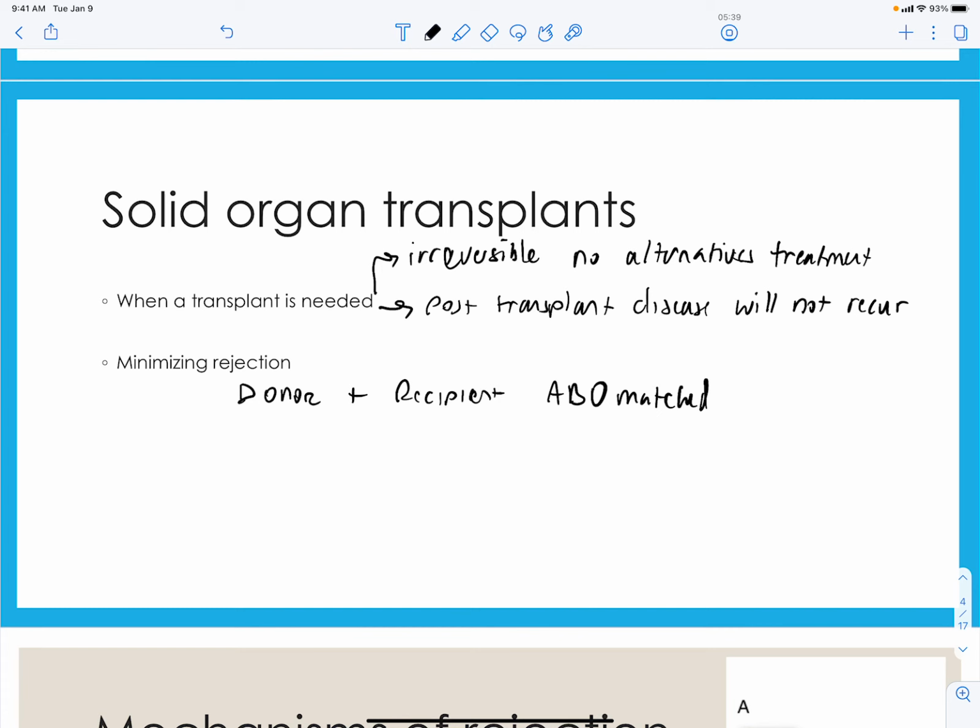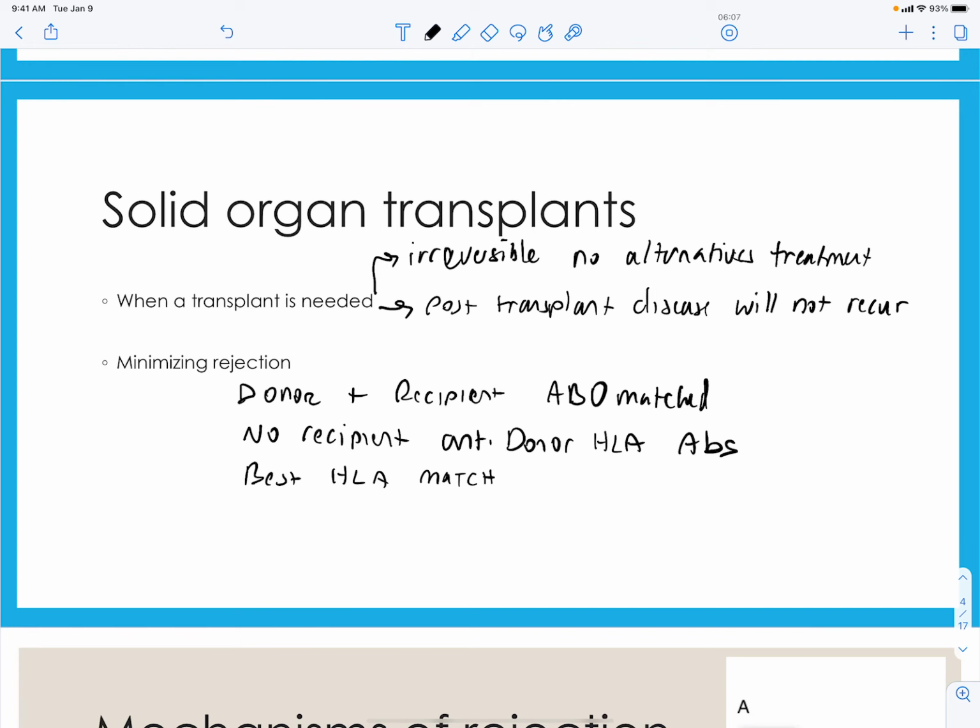The recipient must not have anti-donor antibodies. And then the donor also has to have as close as possible match for HLA. So best HLA match. And then the patient must also be on some sort of immunosuppressive treatment program.